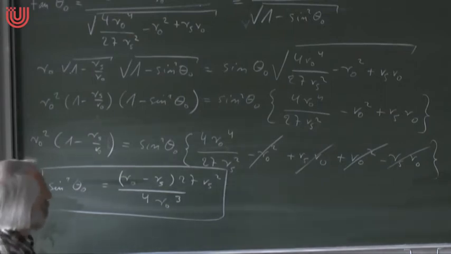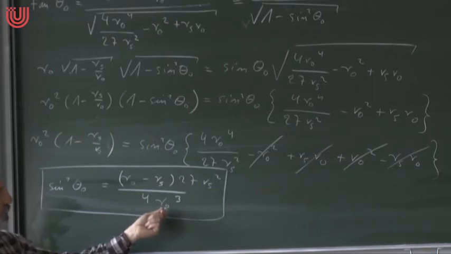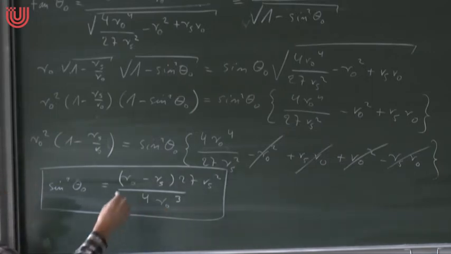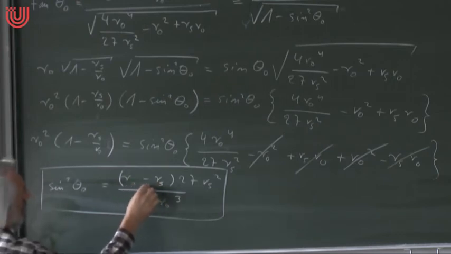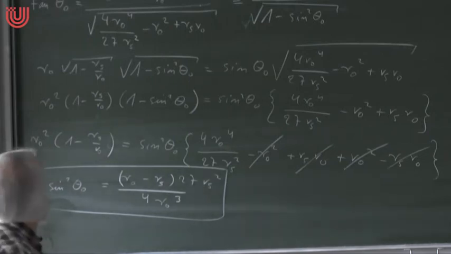Well, it depends on what? Of course, it depends on the Schwarzschild radius, and it depends on where the observer is, on the R_O. And you see, if the observer approaches the horizon, then what is this? It becomes 0. There's something wrong.